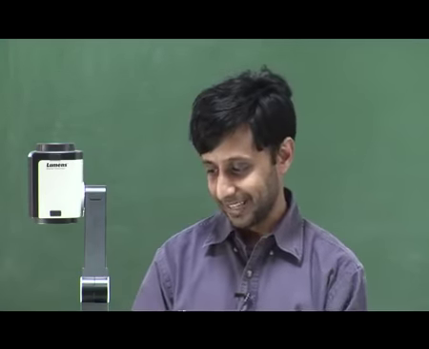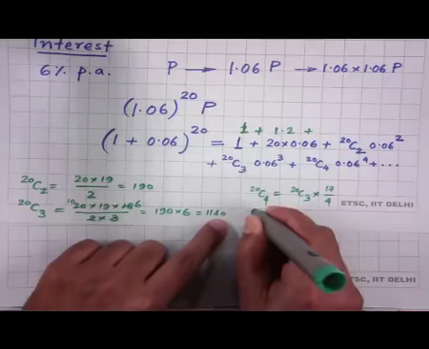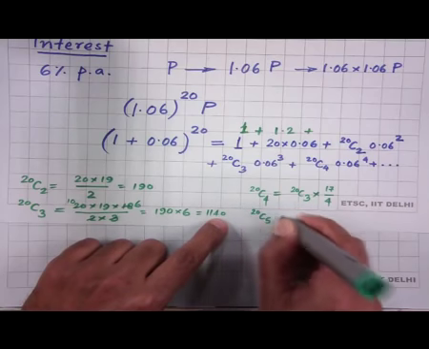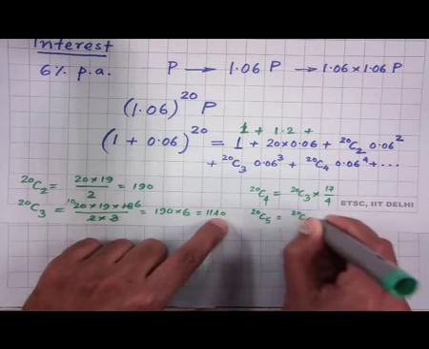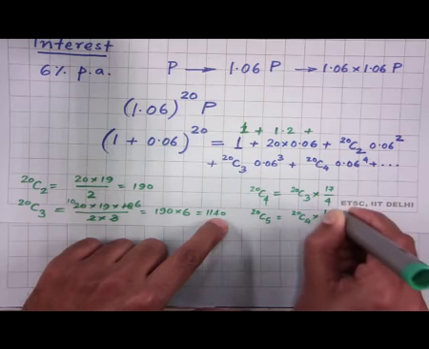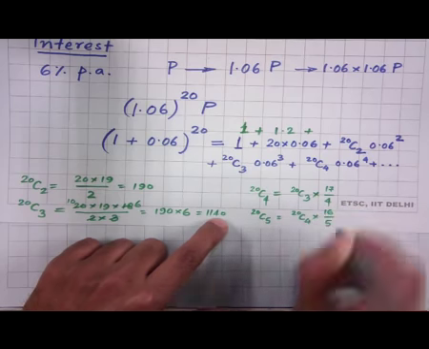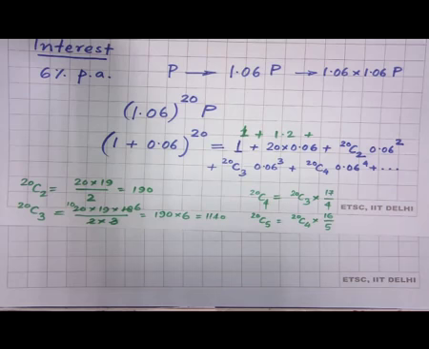Okay, great. And 20C5 would be nothing but 20C4 into 16 in the top and 5 in the bottom, right. So, just letting you know, and we are going to keep these handy for our nice calculation, all right.